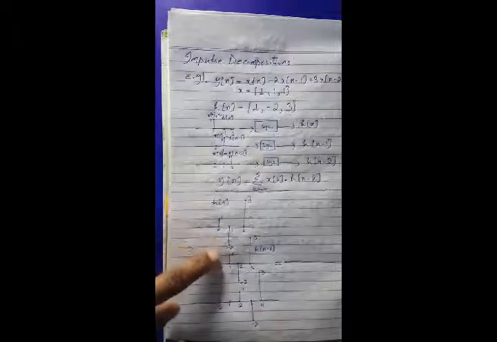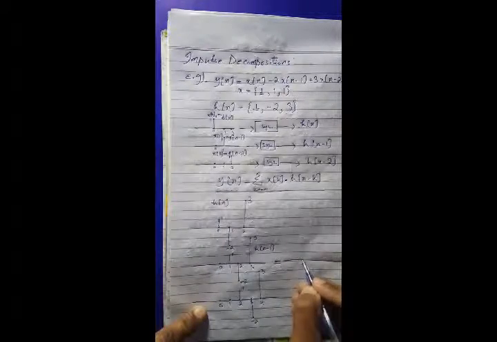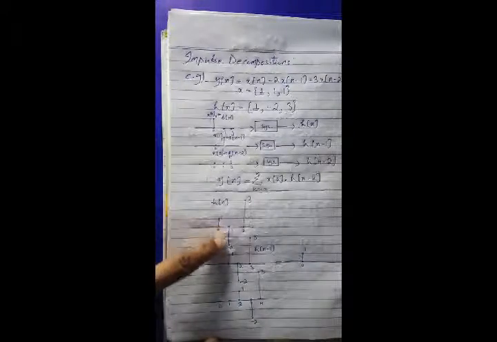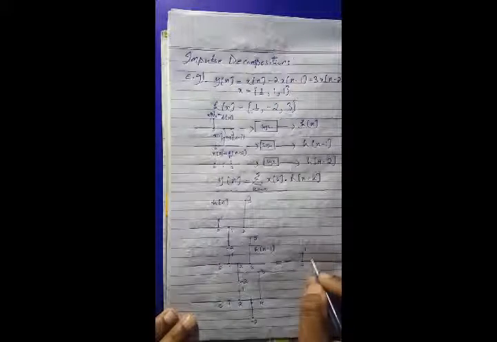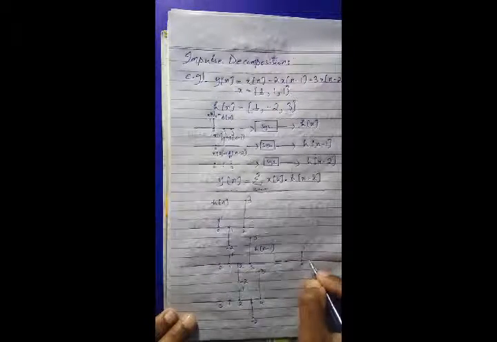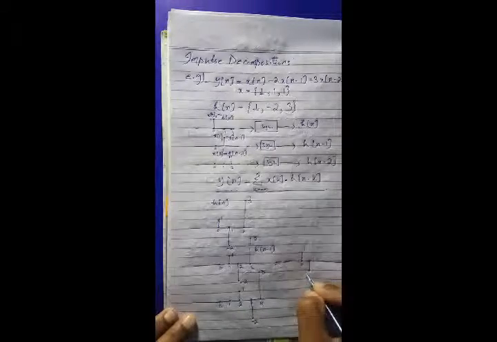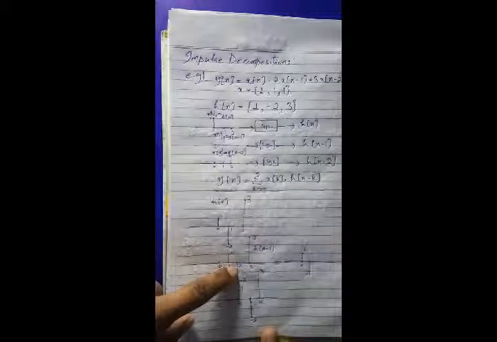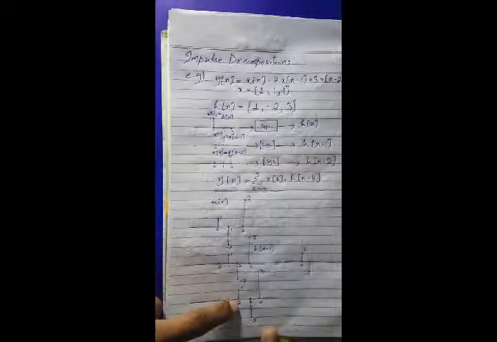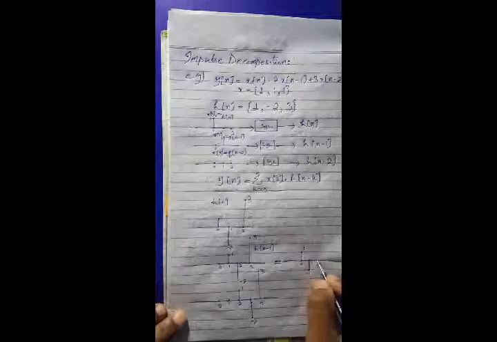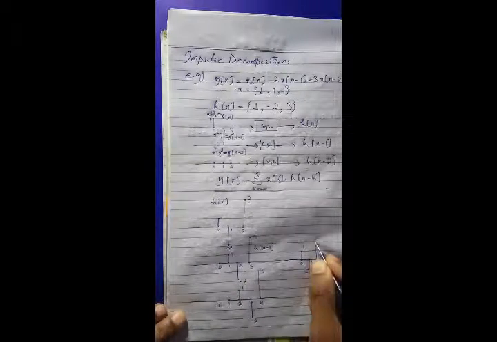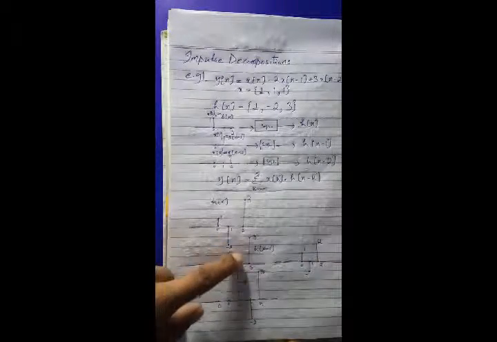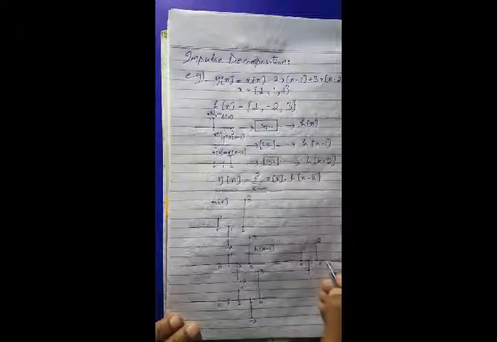Now by summing all these signals, at index 0 we have 1 plus 0 plus 0, so 1. At index 1 we have -2 plus 1, which is -1. At index 2 we have 3 minus 2 plus 1, which is 2. At index 3 we have 3 minus 2, which is 1.